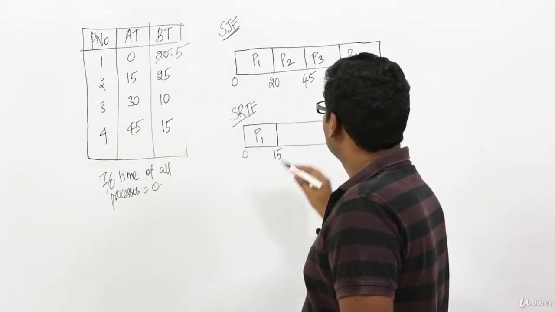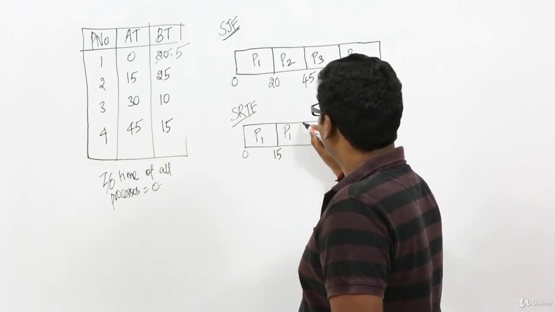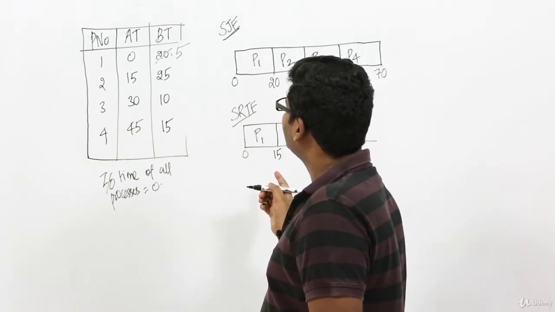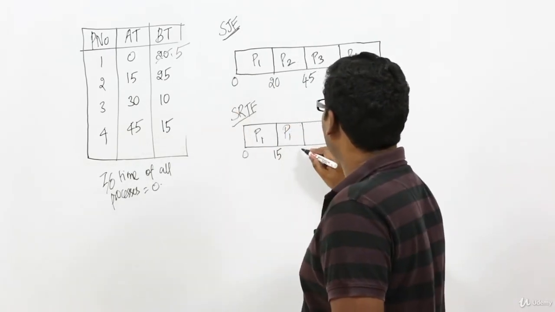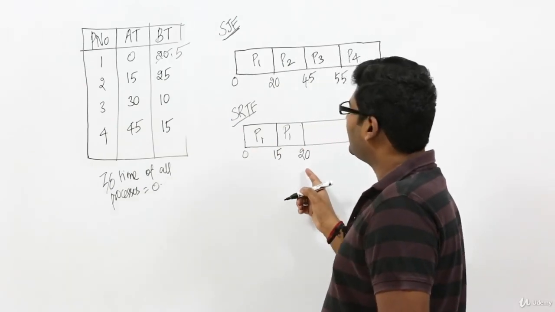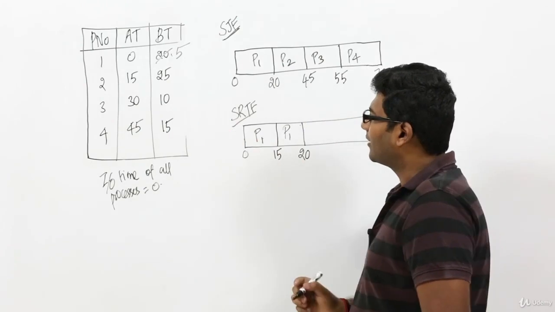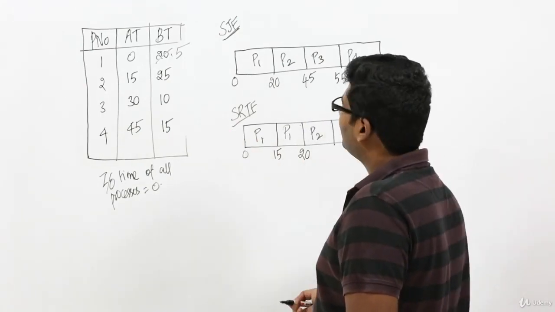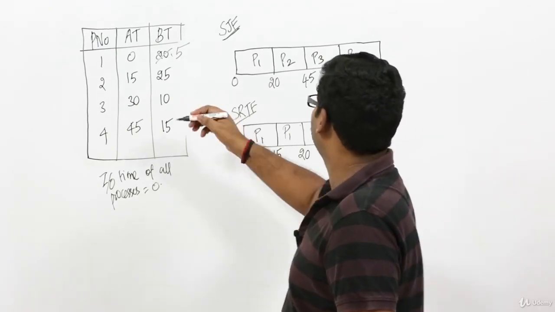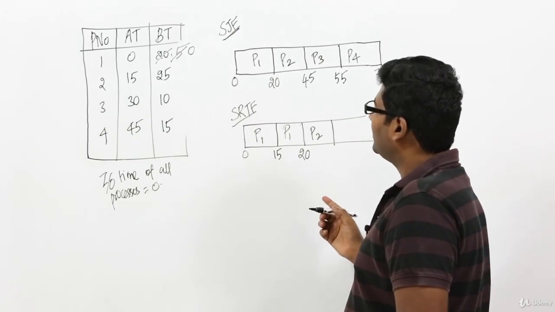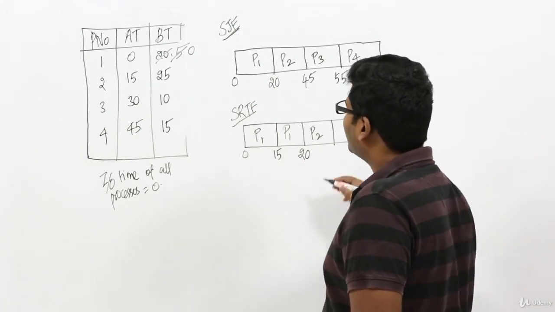So we will continue with P1 until 20. Now at time unit 20, we have only P2 in the RAM, so P2 will be scheduled. P1's remaining time has become 0, and P2 will continue at least until time unit 30.